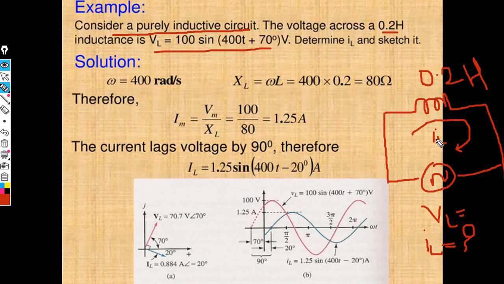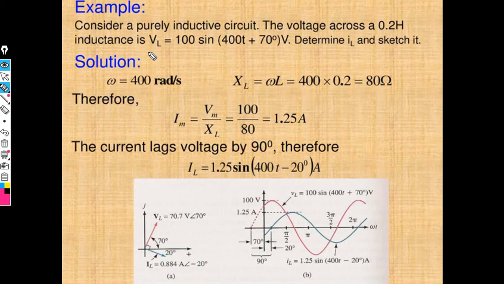In the given problem the voltage is given, but we have to calculate the current. The voltage formula is V is equal to Vm sin(omega t plus theta). This is the basic formula of voltage.